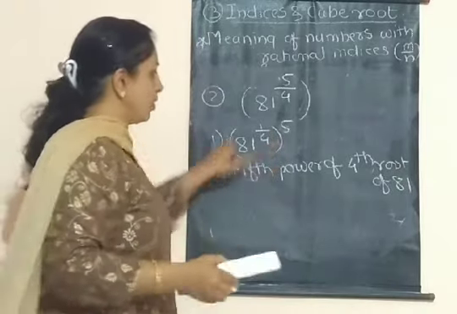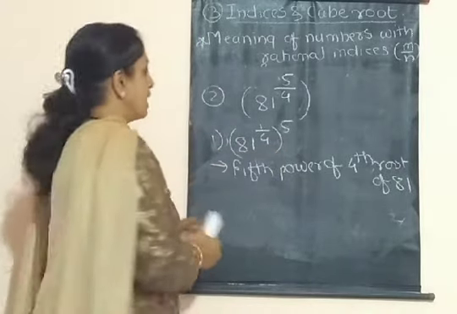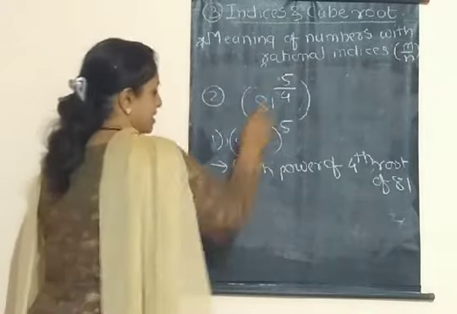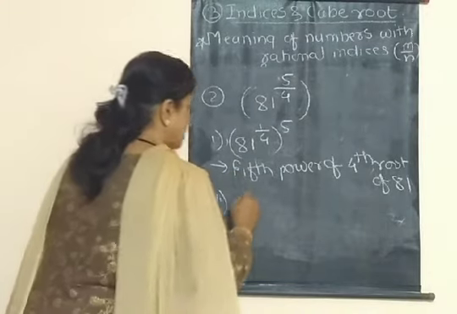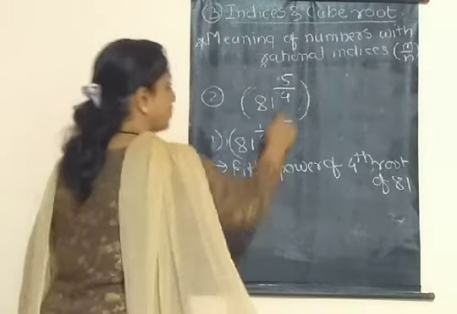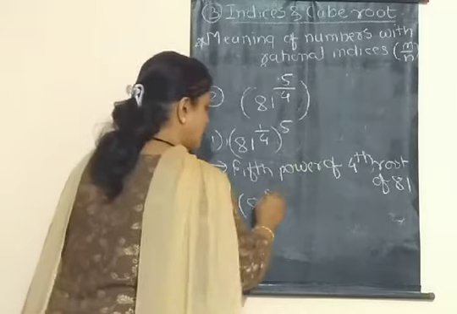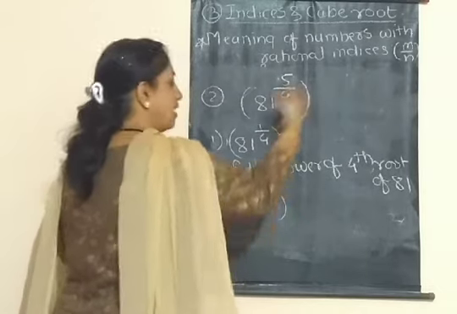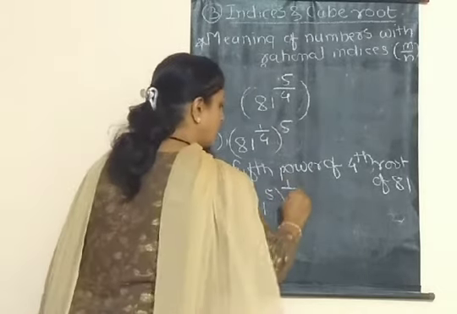This is the meaning of this form. Now you can also write this number in another form. You can write 81 raised to 5, taking this 5 inside the bracket, and then raised to 1/4.